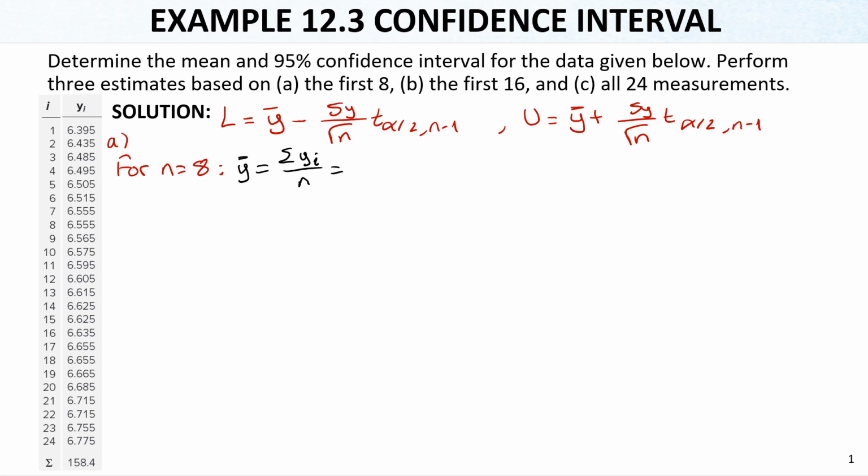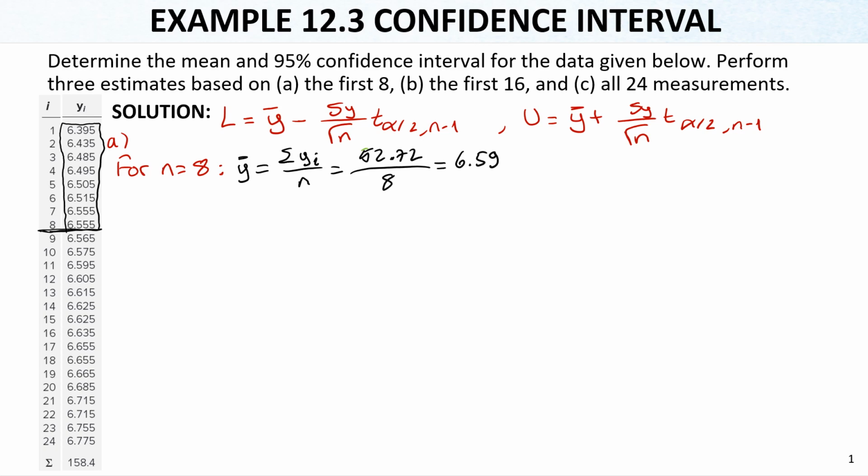The summation of data for the first 8 here, when you sum them, is 52.72. Sorry, let's write it in black. 52.72 divided by 8, the number of data, and the mean is 6.59.